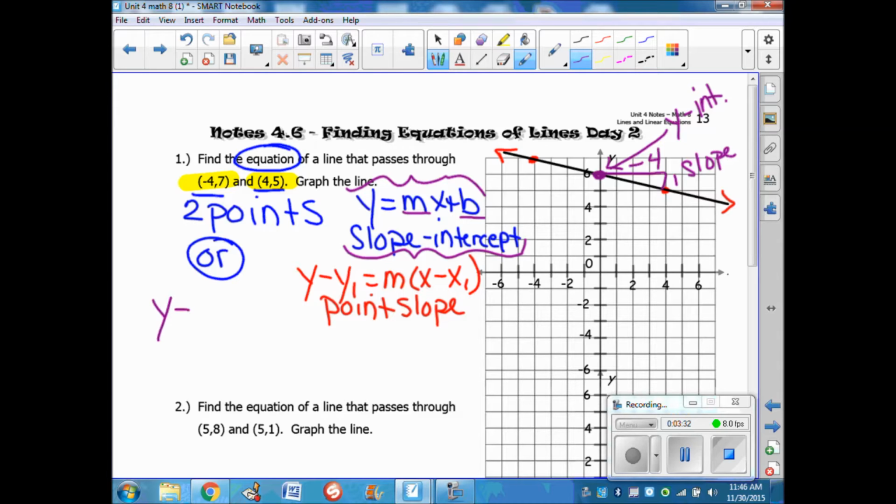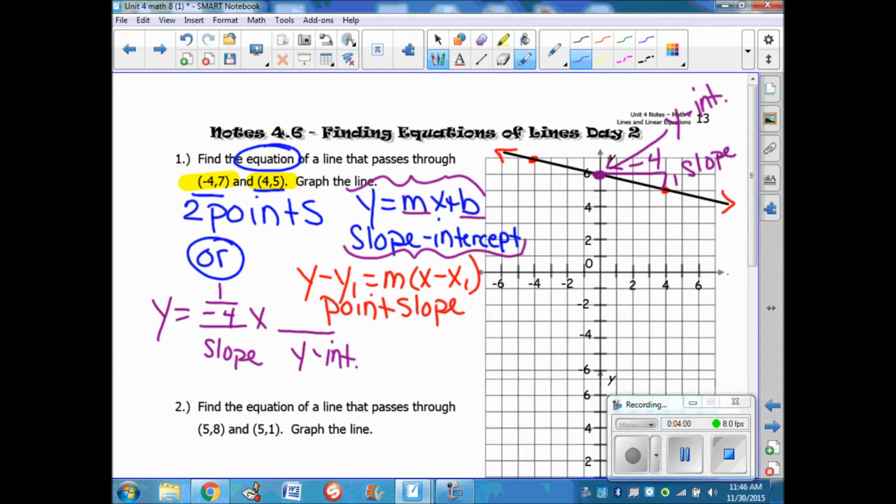So I'm going to set it up. Y equals blank, x blank. So let's fill in the slope, and let's fill in the y-intercept. So the slope is the rise over the run, so make sure that you know that your slope is up 1, back 4. So it's 1 over -4, x. Now that 1 over -4, it doesn't matter where you put the negative.